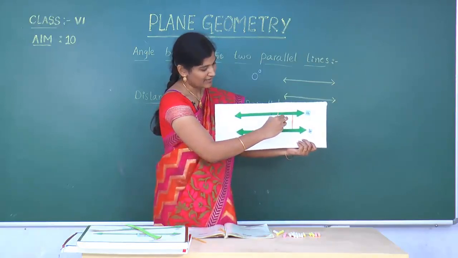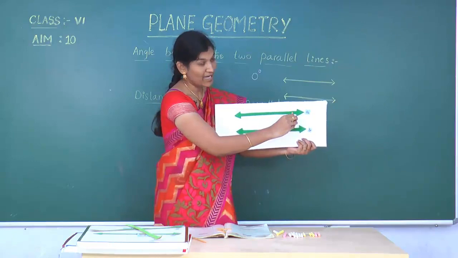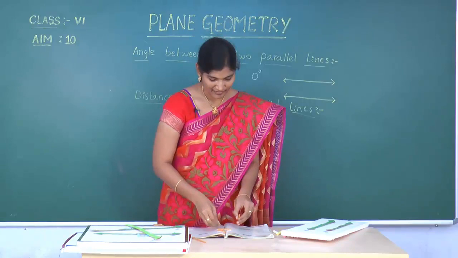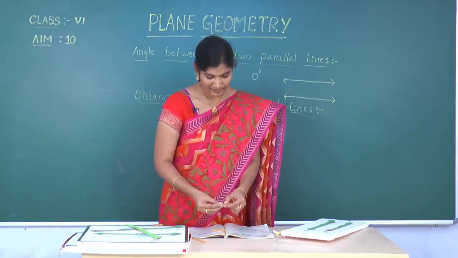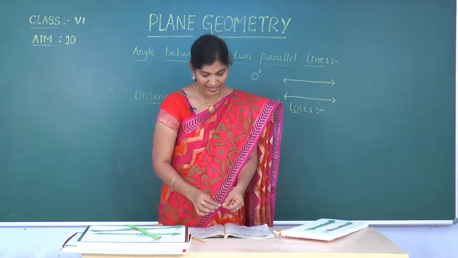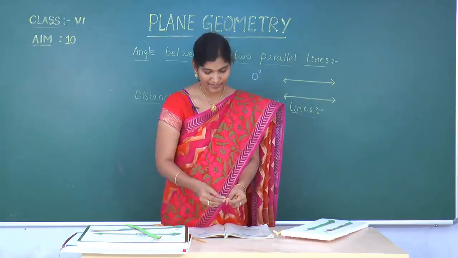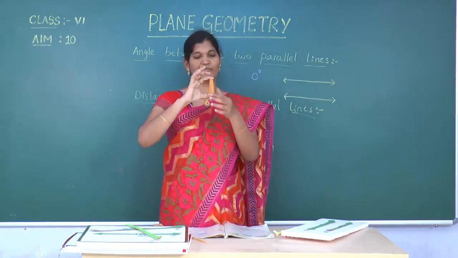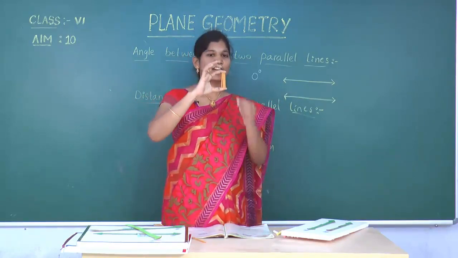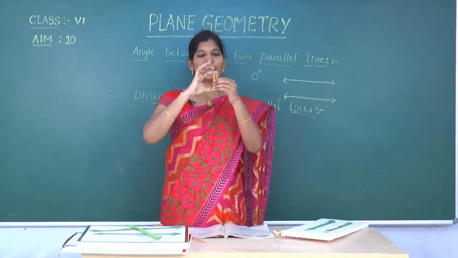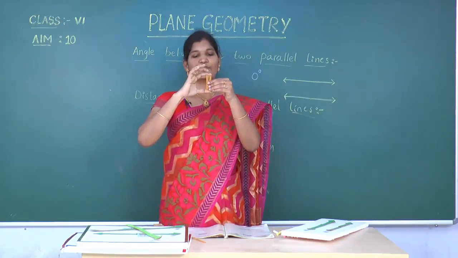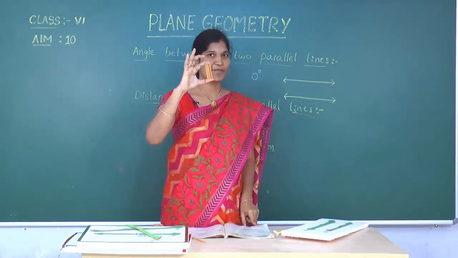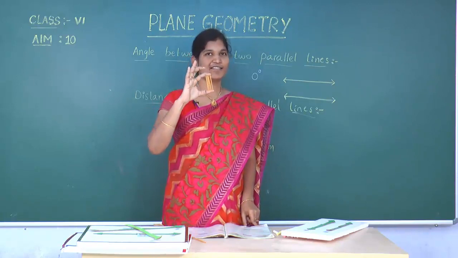Now observe these stripes. Let me measure. Is there any change? See, these four have equal measurements. So the distance between two parallel lines is the same, which means constant.